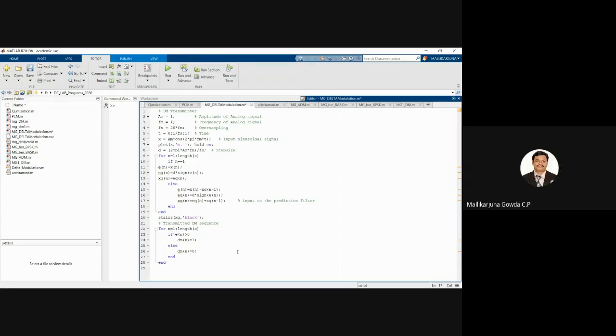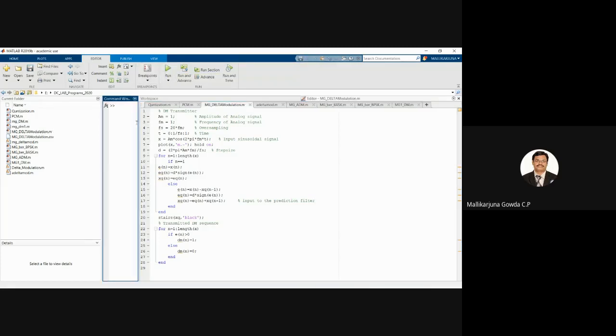Now after saving, if you want to add, you can add some more lines for saying legend. Okay, those things I have not done. When you run this code, you will be able to see the output of the analog signal as well as the staircase signal. Are you able to see?